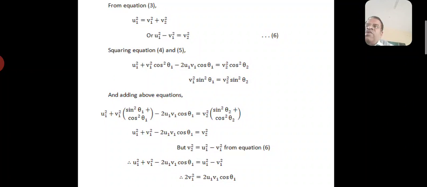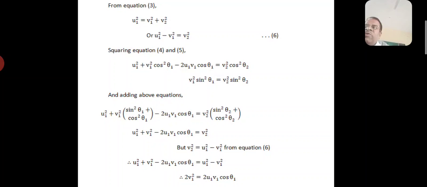After squaring equation 4, we get u1 square plus v1 square cos square theta 1 minus 2 u1 v1 cos theta 1 equals v2 square cos square theta 2. After squaring equation 5, we get v1 square sin square theta 1 equals v2 square sin square theta 2.